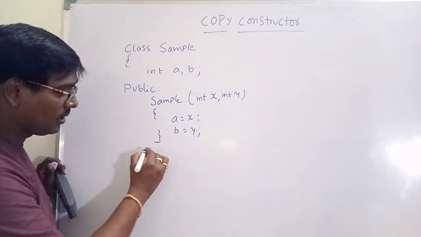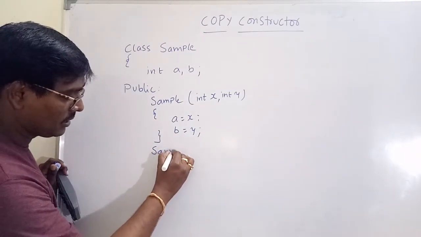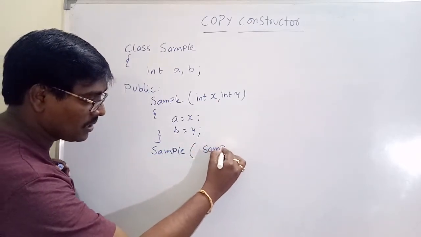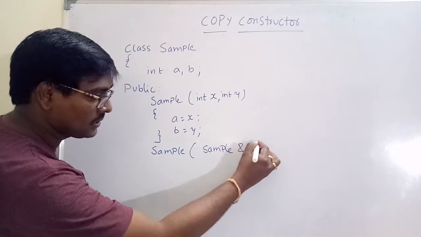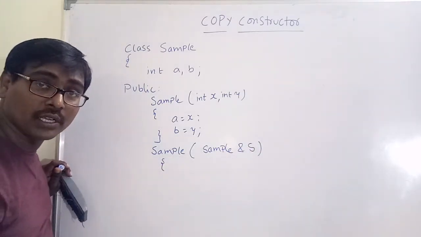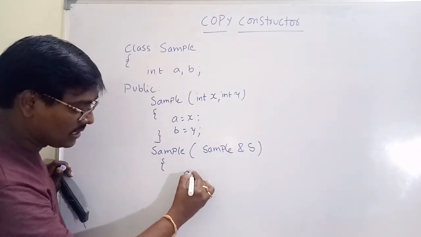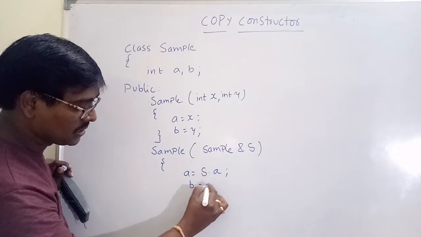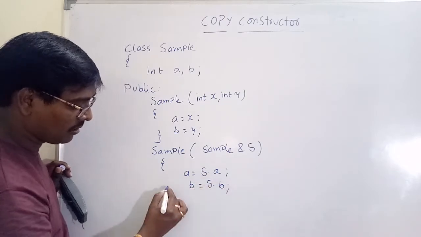Now I am calling a copy constructor, sample ampersand s. Okay, here s is an object. How? a is equal to s dot a, b is equal to s dot b.